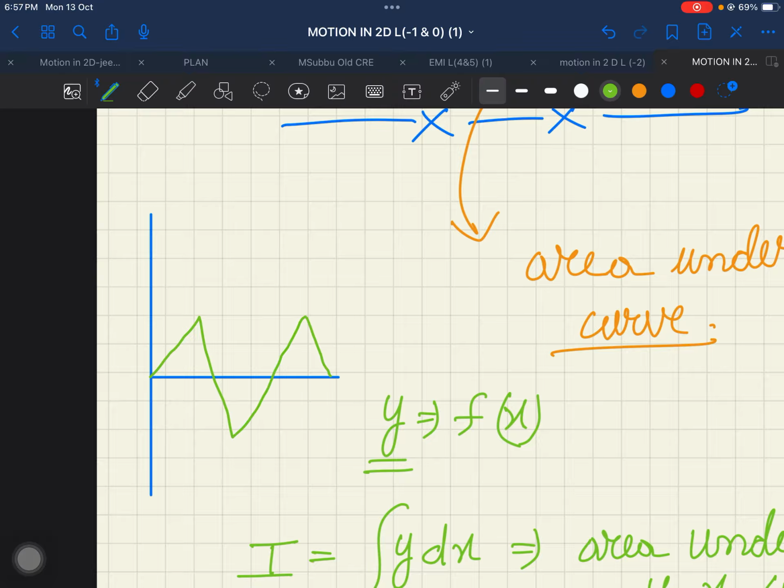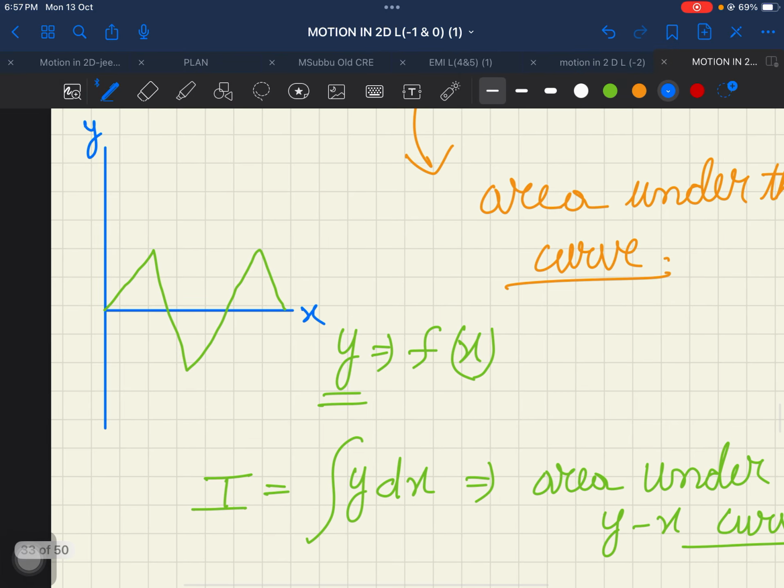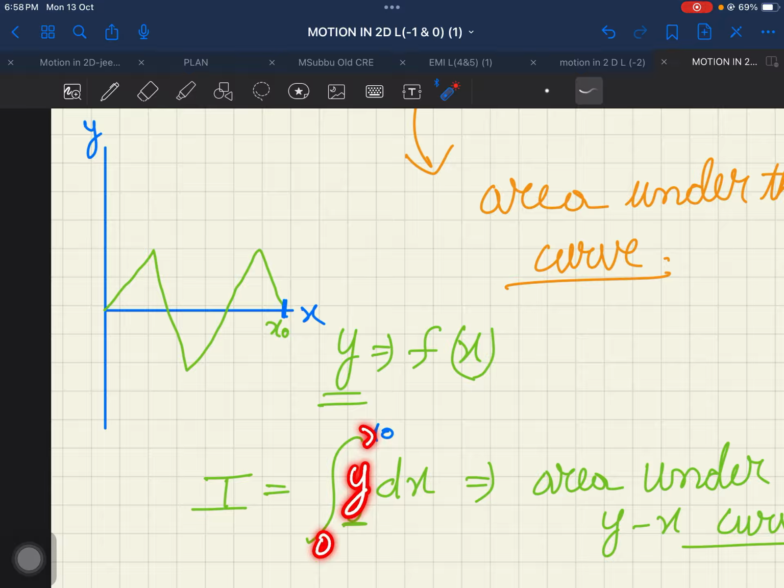Suppose this is your y and this is your x. So the integration of y from 0 to x naught, suppose this point is your x naught here. Clear? The integration of this y function from 0 to x naught will give you the area under the yx curve.